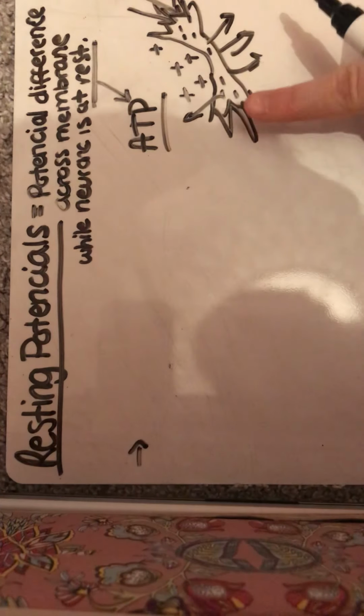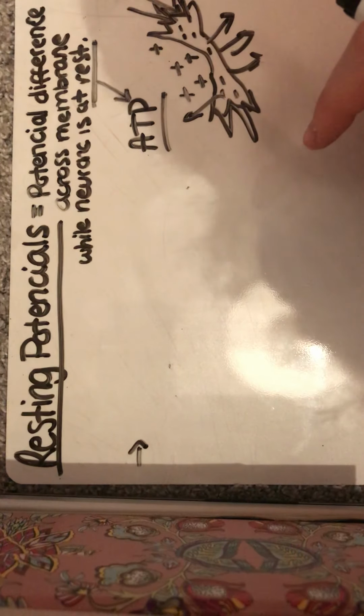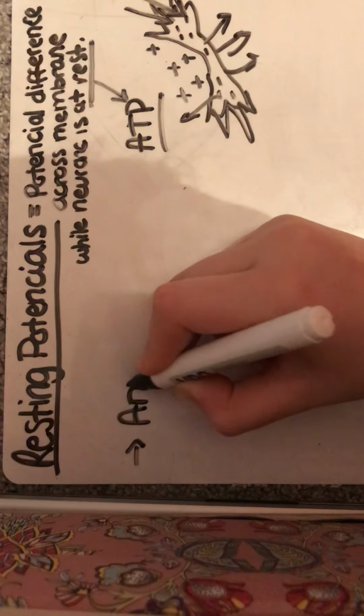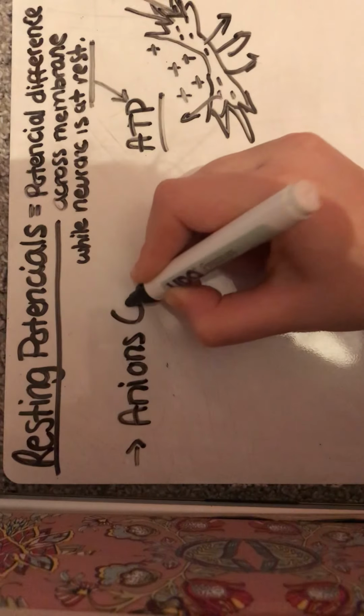So the inside of the cell contains anions, which are negative.